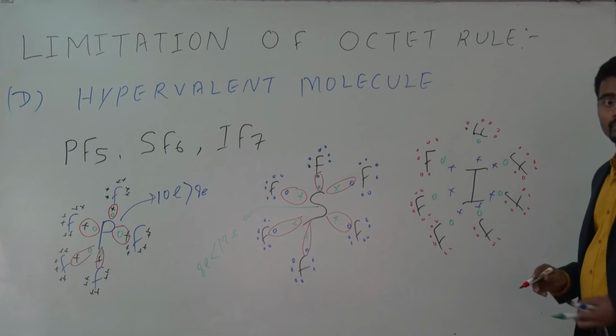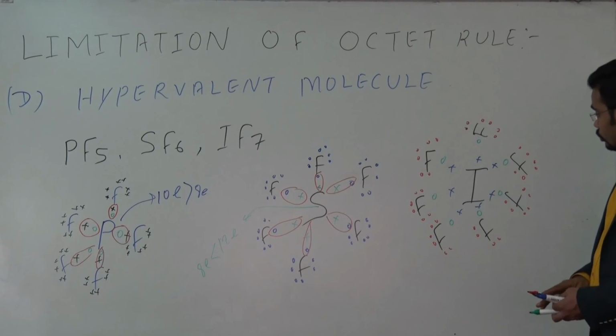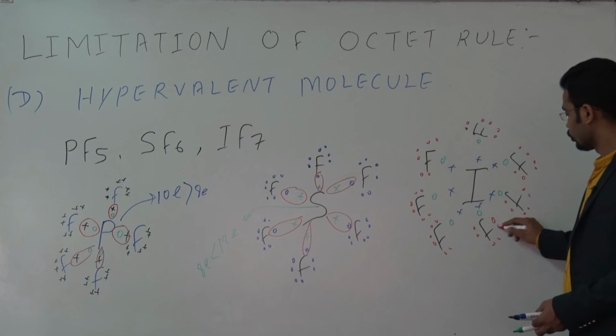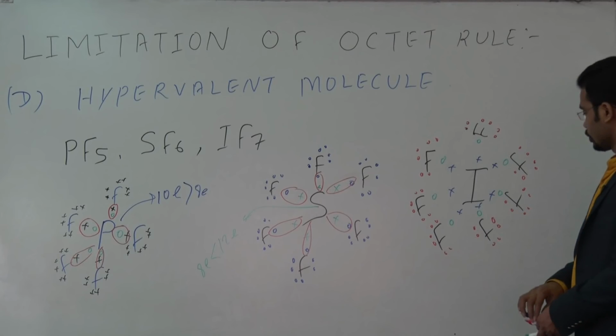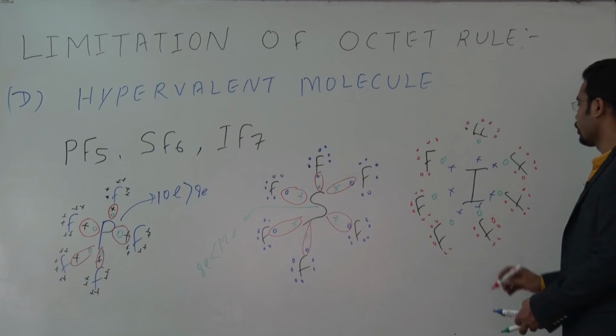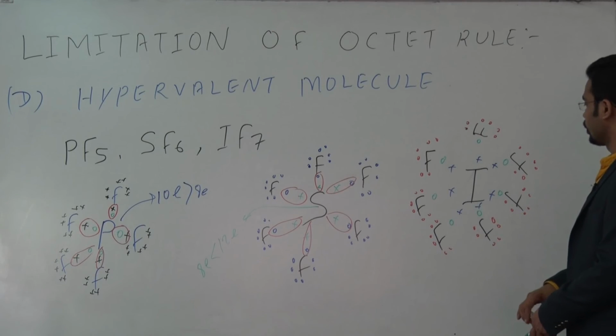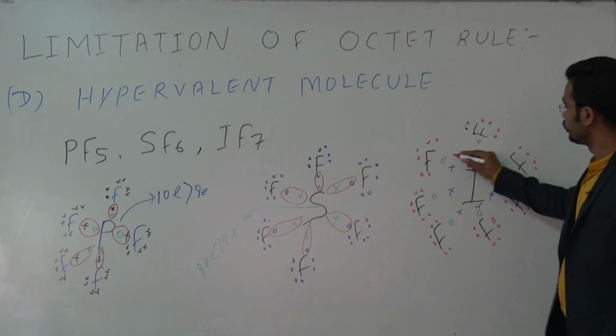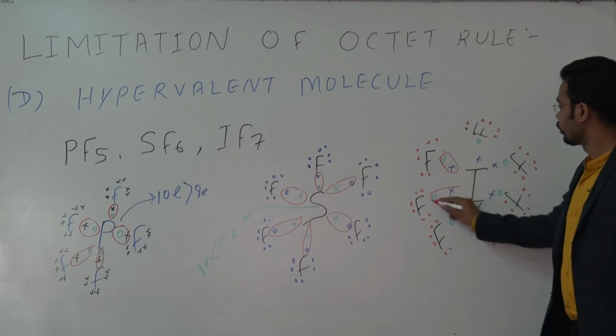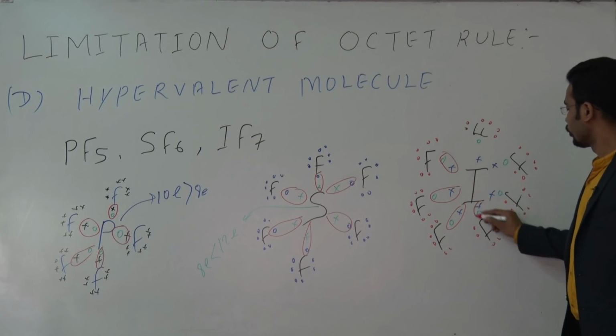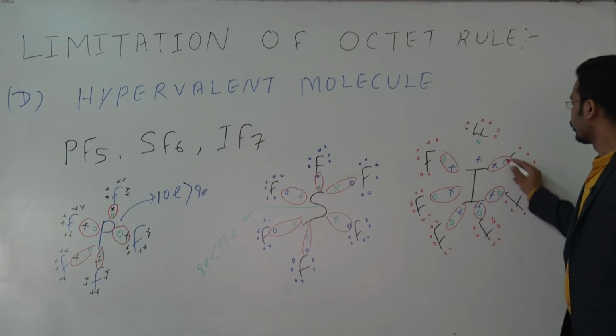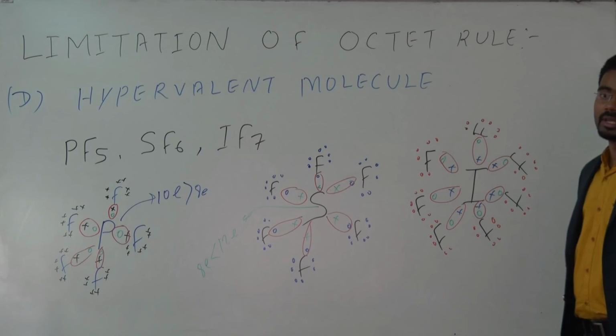Done? So tell me, the total sharing of electrons is 7. So 7 electrons.